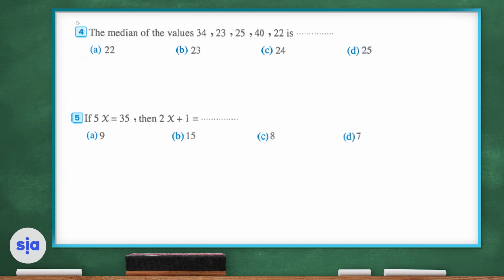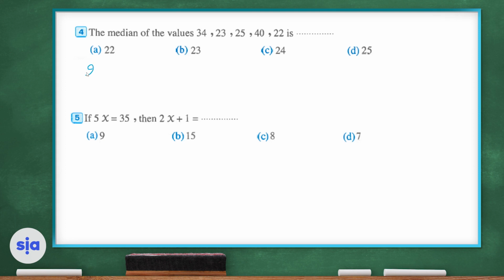Question 4, what is the median of these values? In order to find the median, don't forget that the median is the middle value, but we have to arrange the values first. Arranging the values will be as follows: 22, 23, 25, 34, and 40. So the median is the middle number, which is 25.